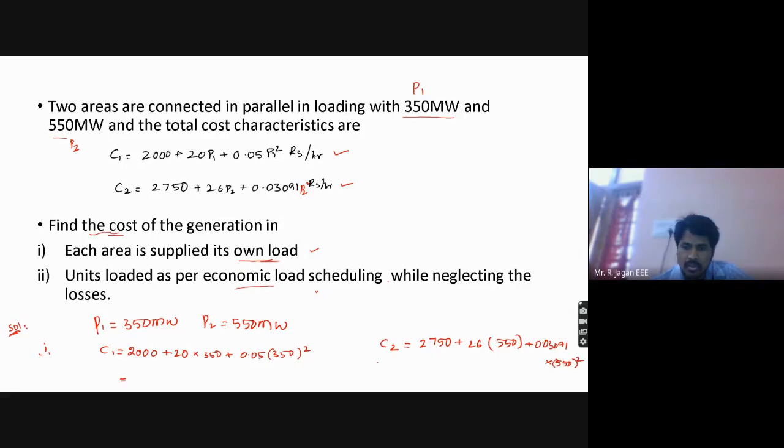Please do it and give me the value of C1 and C2. Fast. Here we are doing only cost in the first point. Give me the value of C1 as well as C2.